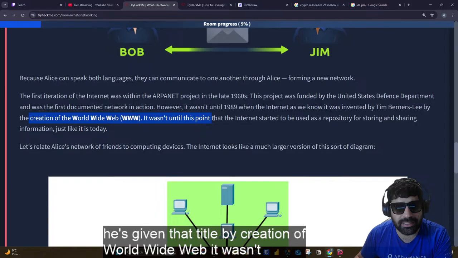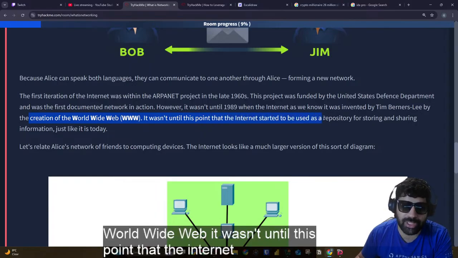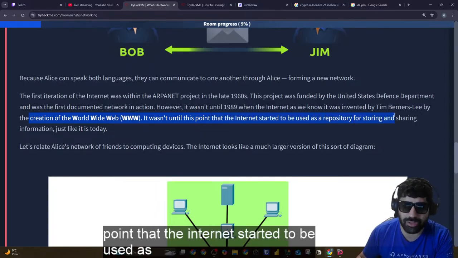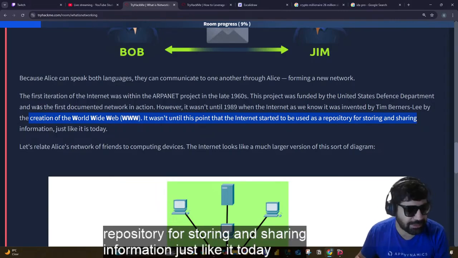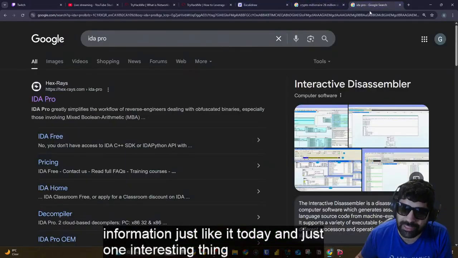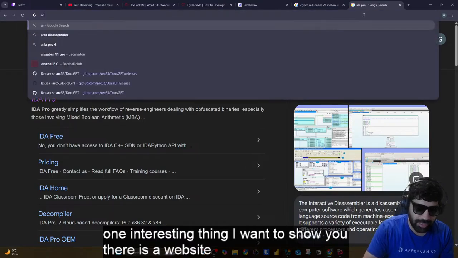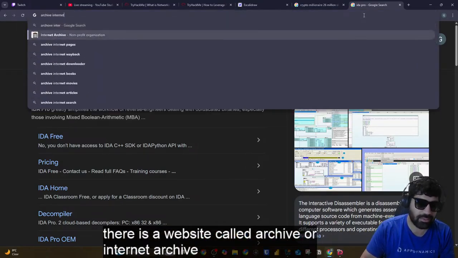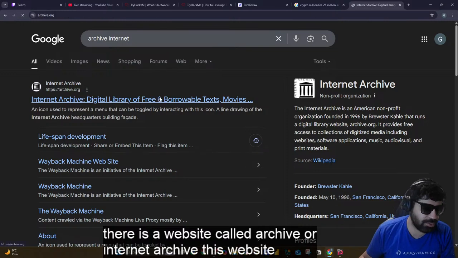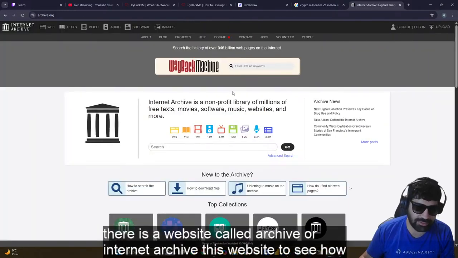It wasn't until this point that the internet started to be used as a repository for storing and sharing information just like today. And one interesting thing I want to show you, there is a website called Internet Archive. This website lets you see how old websites used to look.